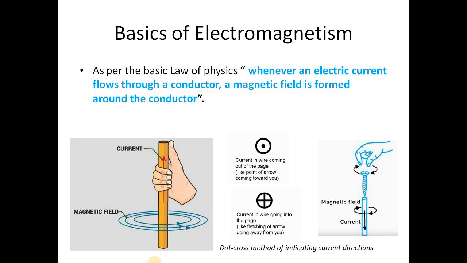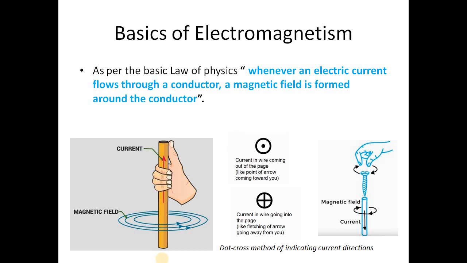As per the basic law of physics, whenever an electric current flows through a conductor, a magnetic field is formed around the conductor. We usually call this the right hand thumb rule.